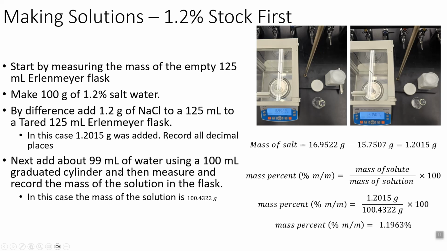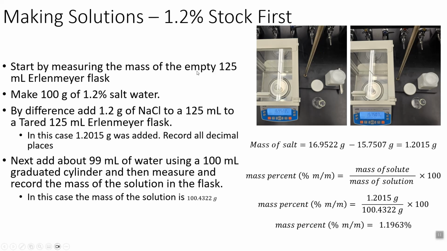Next, we're going to add 99 milliliters of water to this flask. Once the salt is in it, make sure that you add the water not over the balance. Then you can swirl to dissolve the salt to make the solution. Once you do that, you're going to record the mass of the whole thing.